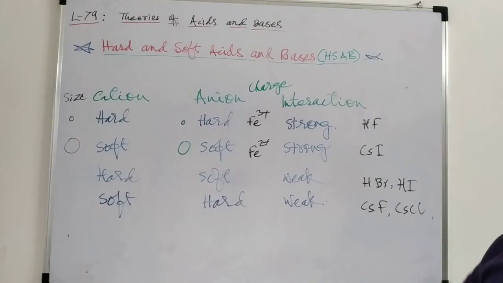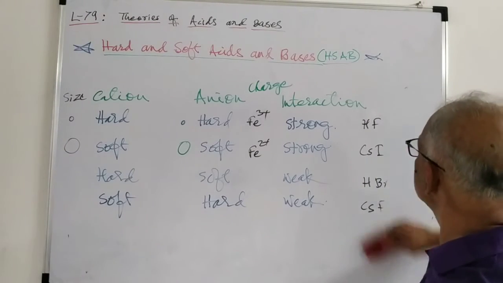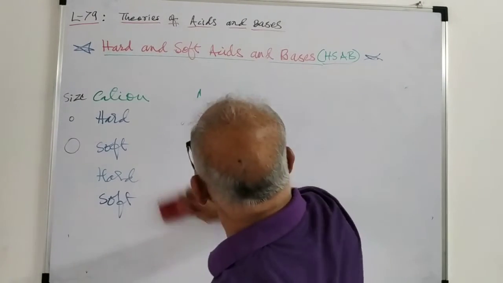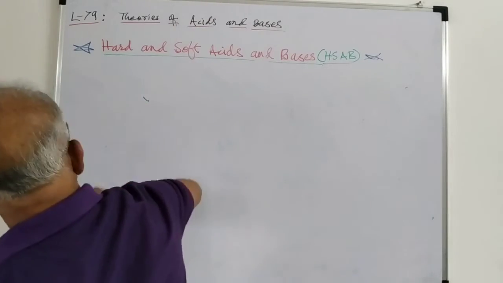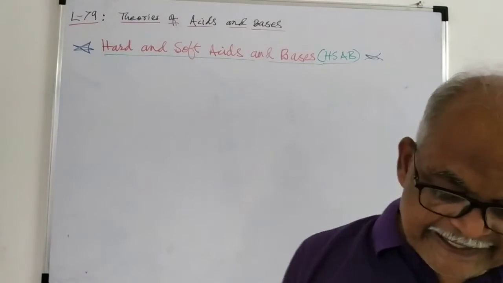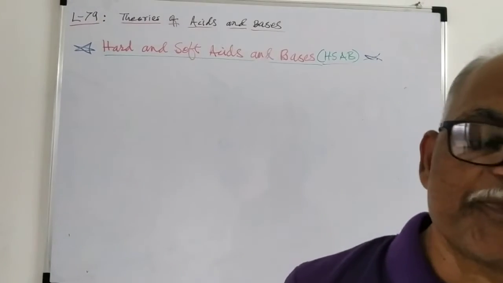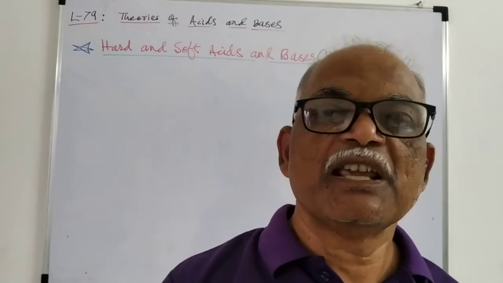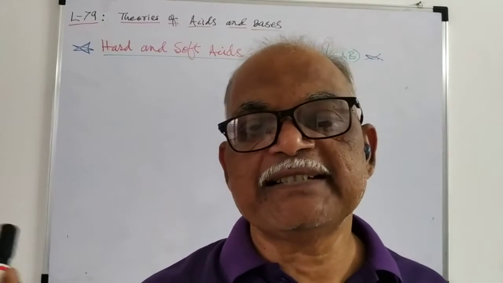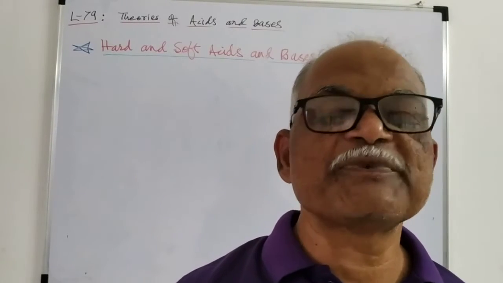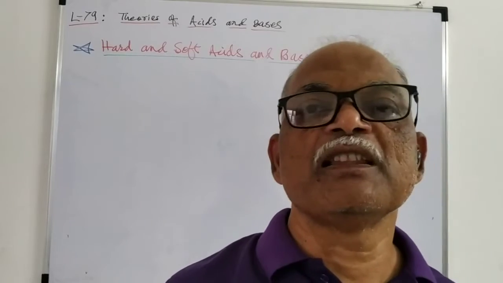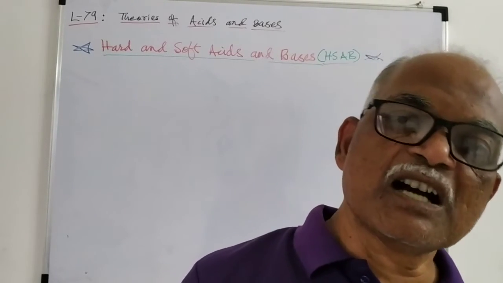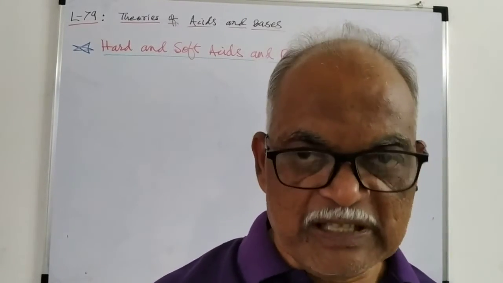So these are the examples which will help us to understand the behavior of these acids and bases. We have to keep in mind that all these acids, hard or soft, are Lewis acids, and all these bases, hard or soft, are Lewis bases.